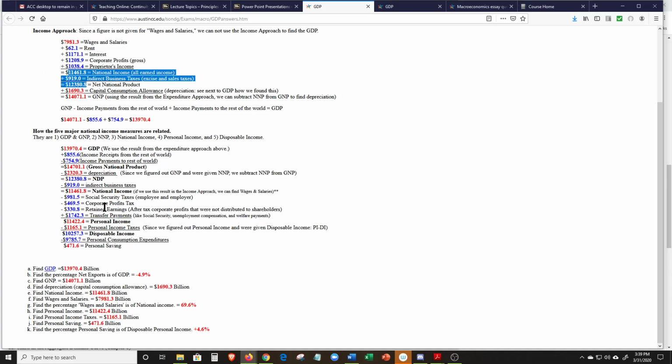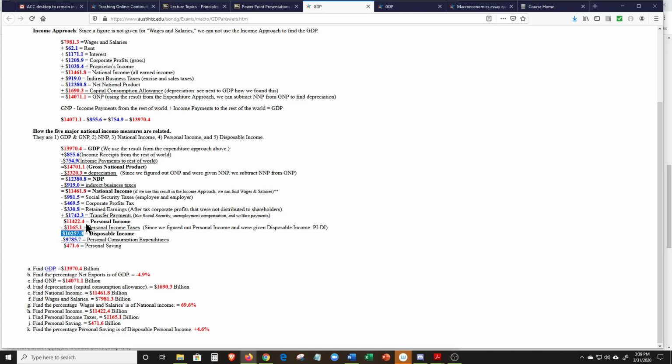And then if we add together these three items and subtract it from national income and then add transfer payments, we'll get personal income. And if we subtract personal, well, I don't give personal income taxes. But disposable income is given.